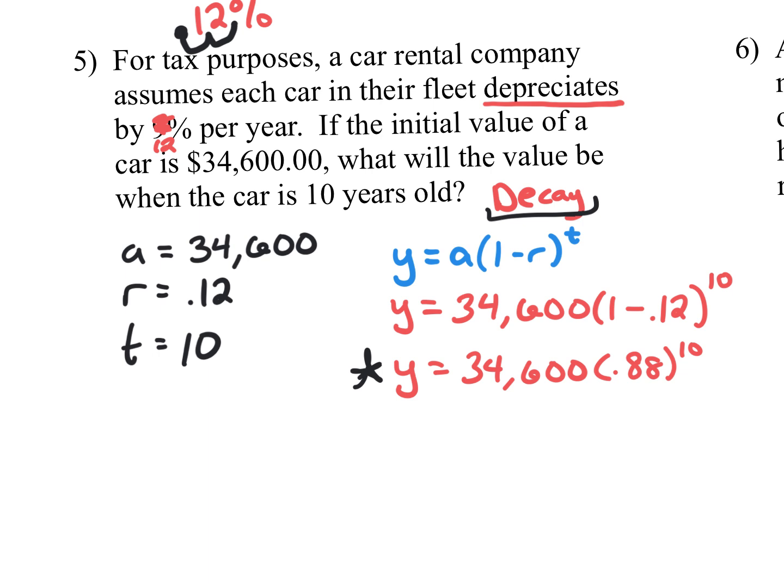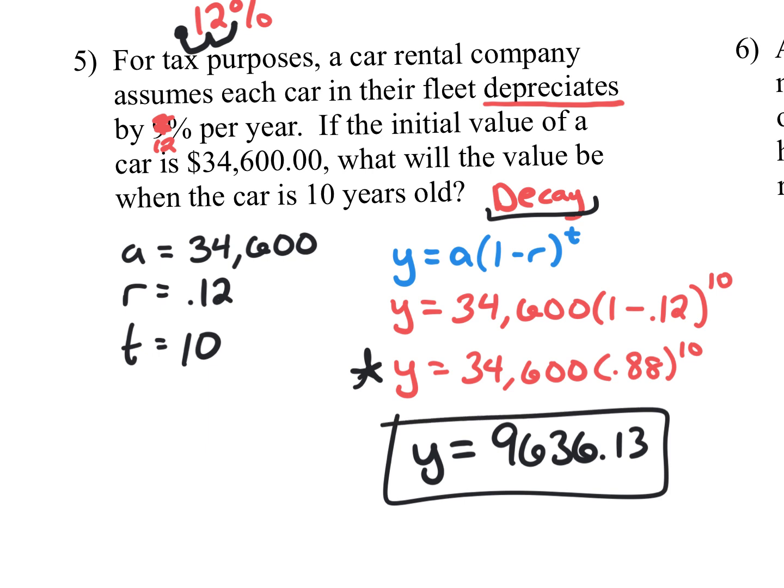How do I calculate the answer on this? What do I do first? Yep, 0.88 to the 10th power, and then multiply that by the A, 34,600. What do you guys have in your calculator? Yep. Again, I'm not going to be too picky on how you round here.